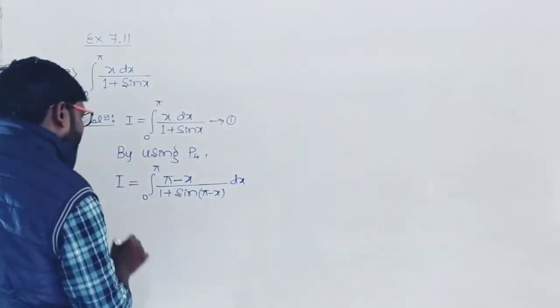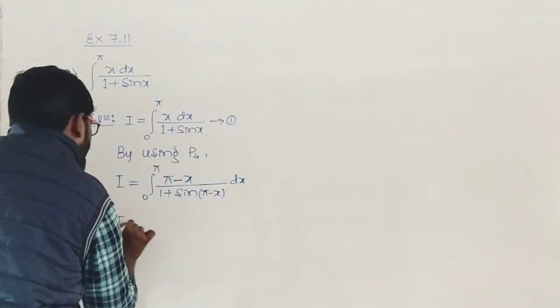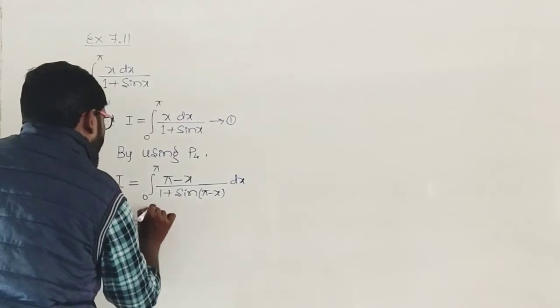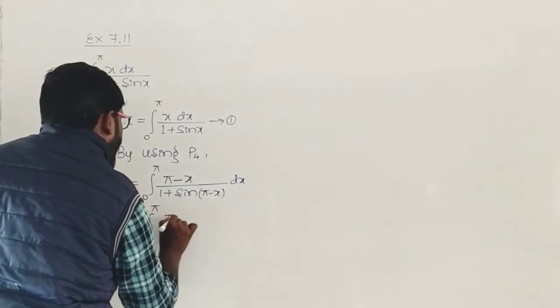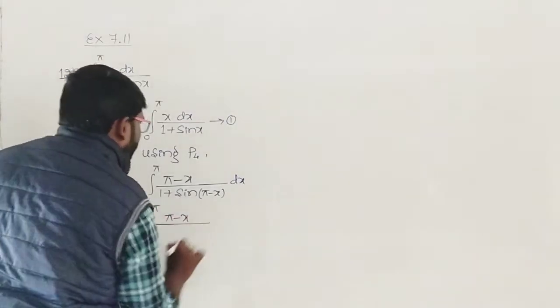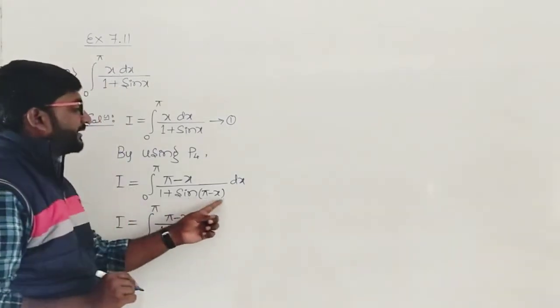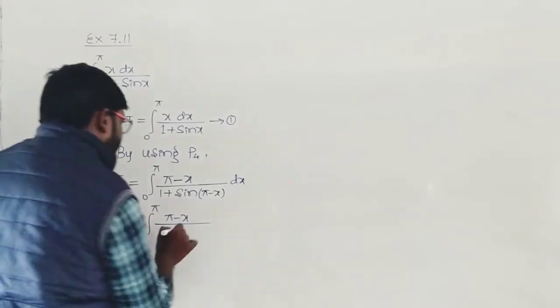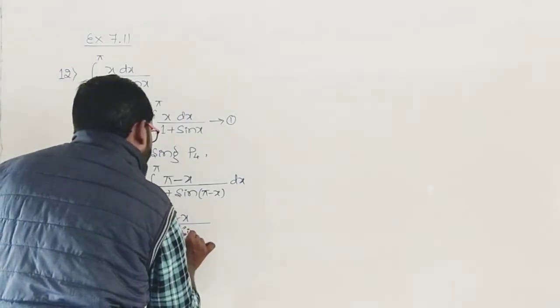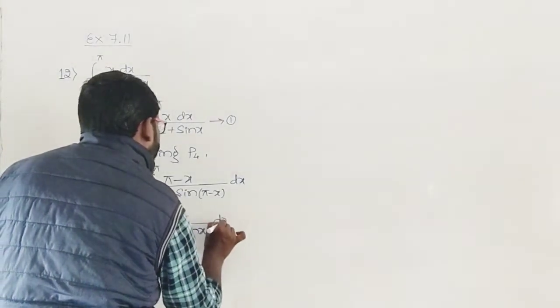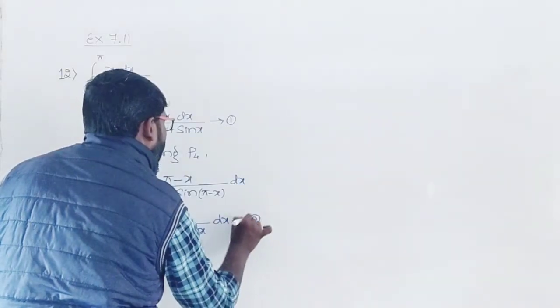In the next step, I is equal to integral 0 to pi of pi minus x as it is divided by 1 plus sin 180 minus x, which is always sin x. So it is sin x dx. Call this as equation number 2.